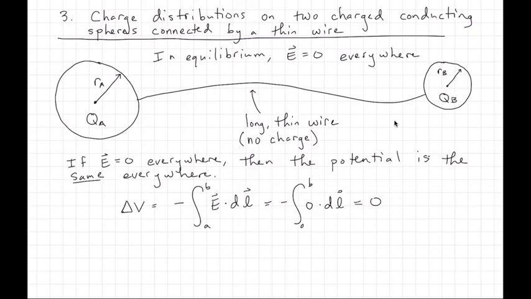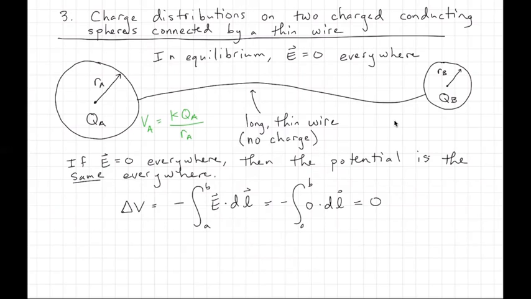And what that enables us to do is to write their potential as if these were isolated spheres in space, at least approximately. So we can write that the potential of sphere A is just equal to K times the charge on that sphere divided by the radius of that sphere.